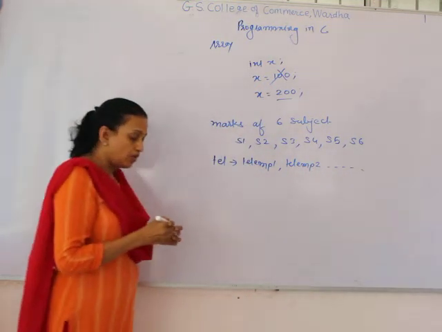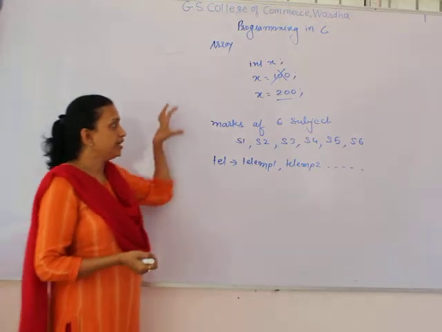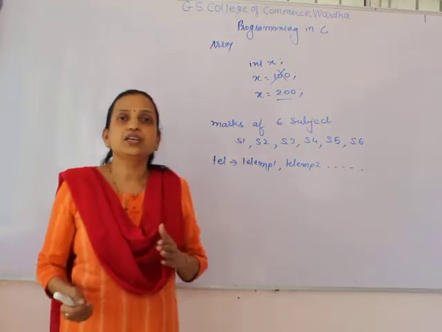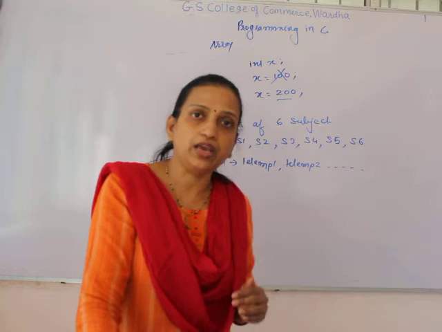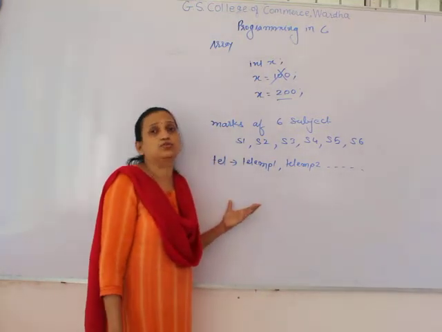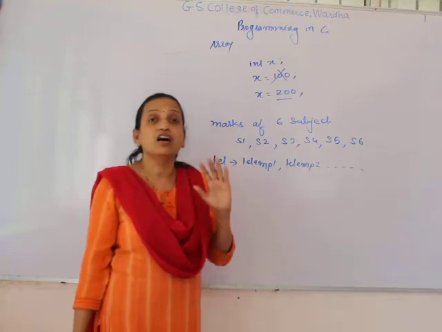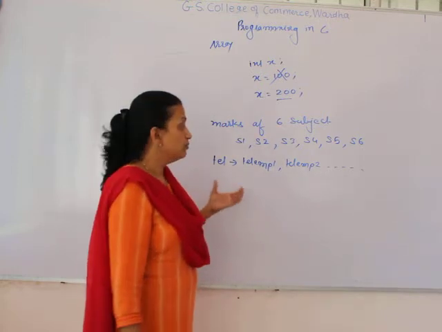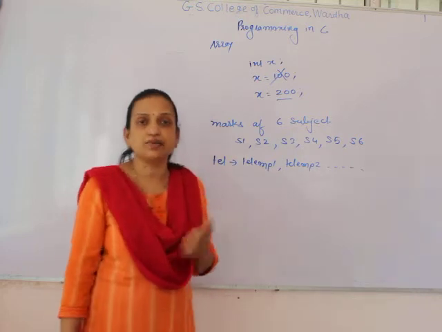For every value you need to declare a variable. If you want to store 100 values, you need to declare 100 variables, which is a very complex task in the C programming language.